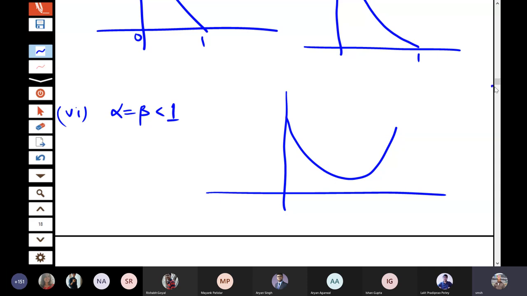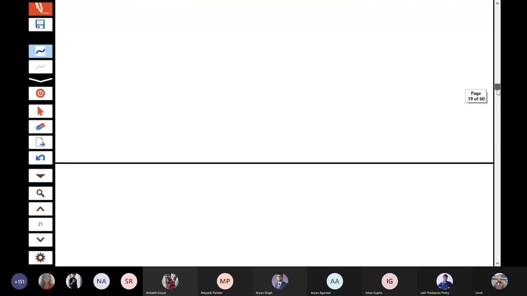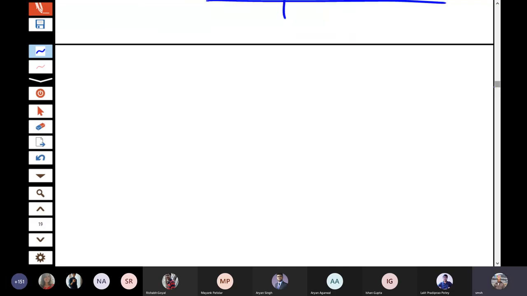Okay. If I take alpha greater than 1, then the shape will become something like this.